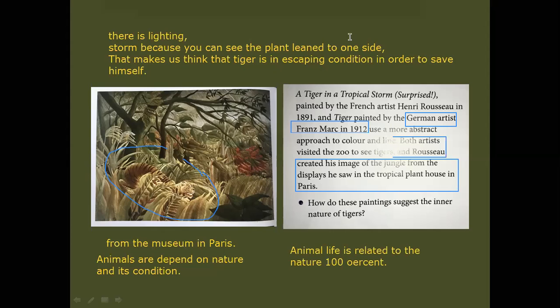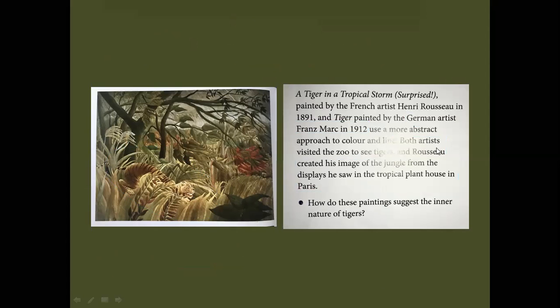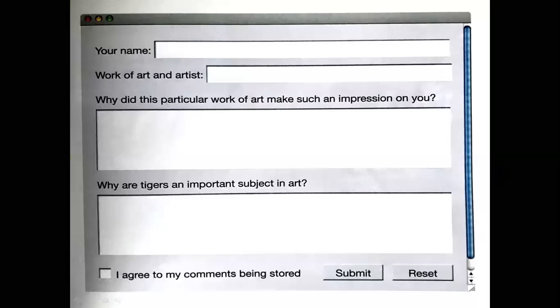Okay, so now we're going to write something here. What are we going to write? Work of art and artists. For example, that we have seen, I have showed you plenty of pictures, as well as in your book.